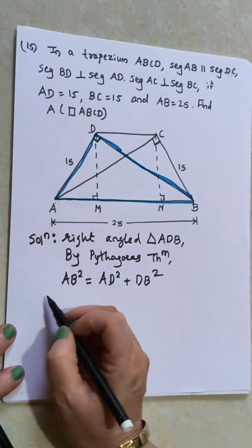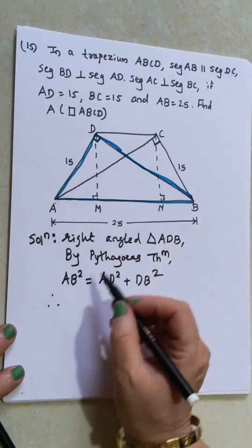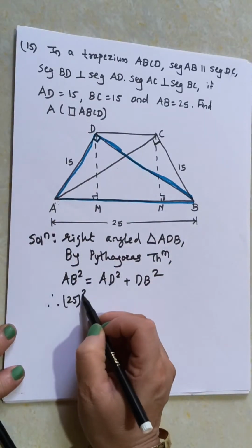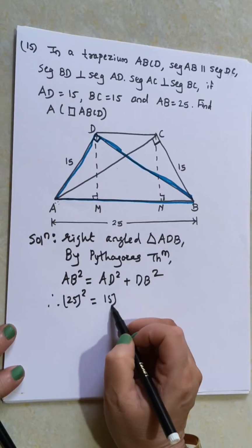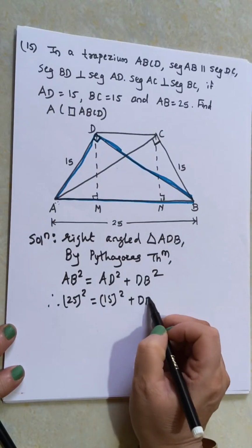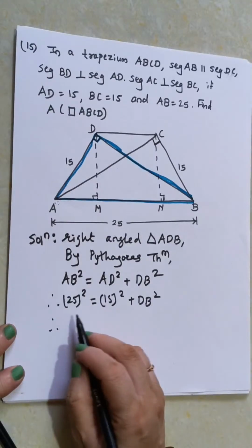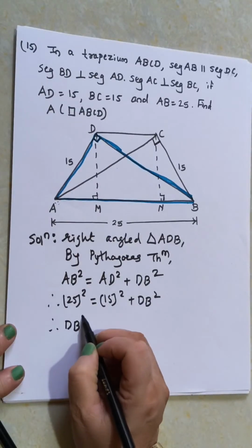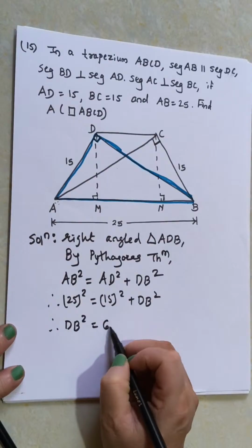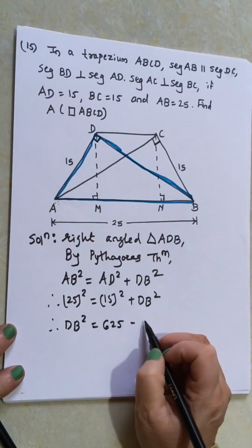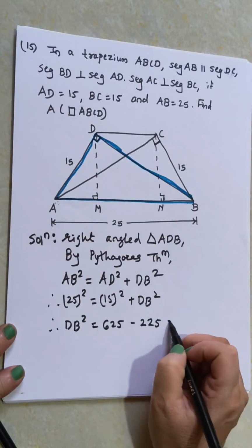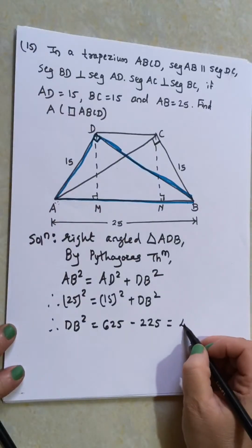Okay, so what is AB? AB is 25, so 25 square is equal to AD, which is 15 square, plus DB square. Now DB square is equal to 25 square, which is 625, minus 15 square, which is 225. Let us do the subtraction, that is 400.